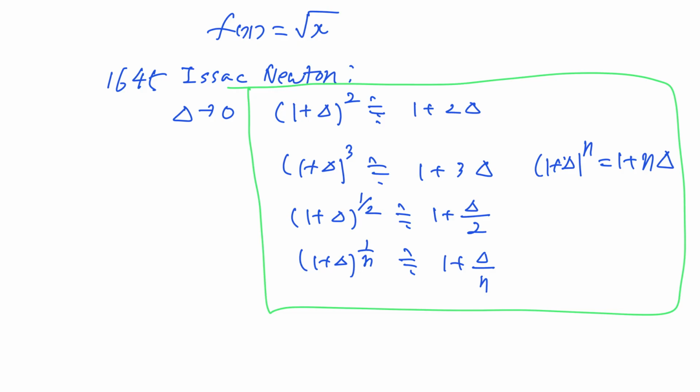And if delta is smaller, like the square root of 1.01, it's even closer. 1.0449 something, right? So as delta goes to 0, the result gets close to 1 plus delta over 2.